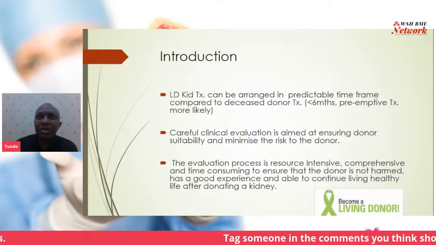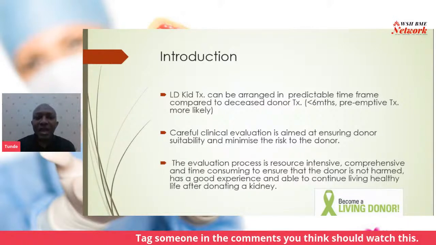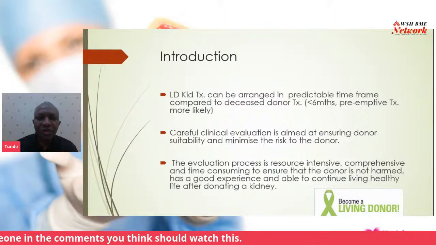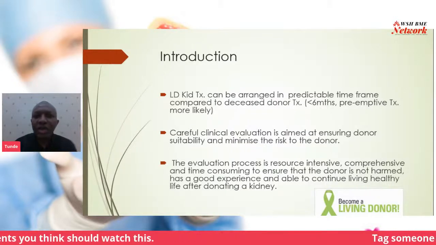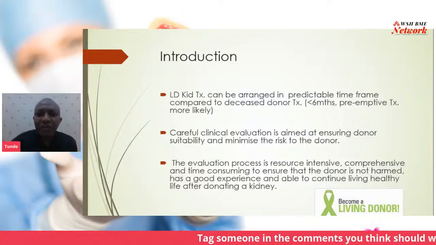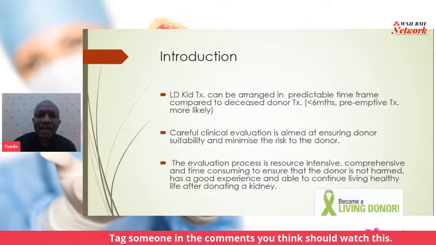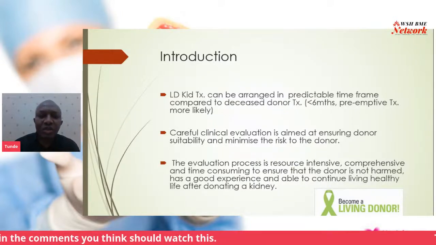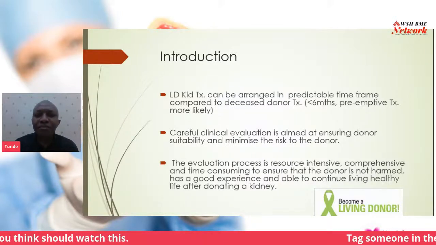So if somebody needs a kidney urgently, a live donor is the only way to get one. Deceased donor is very unpredictable. And if you want to have a kidney before you start dialysis, a live donor is the option that most people would like to take.